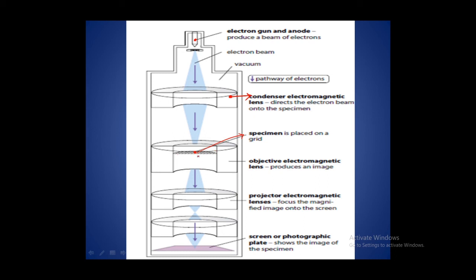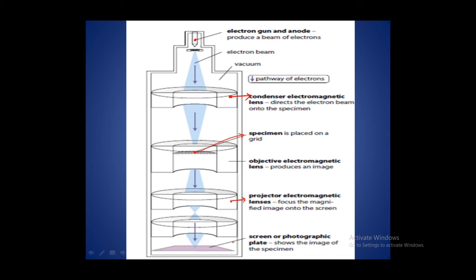Then there will be a projector electromagnetic lens just below that, which focuses and magnifies the image onto the screen. So you have these intermediary electromagnetic lenses, and then finally you have a fluorescent screen in order to observe the image. Now why do we need a fluorescent screen to observe the image?